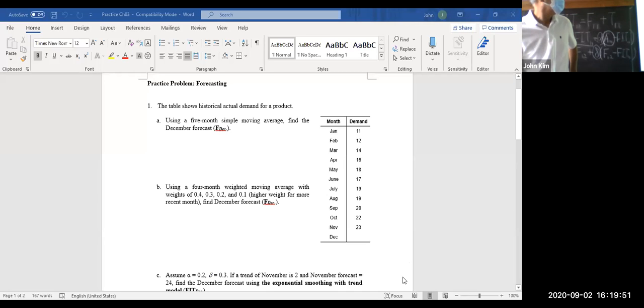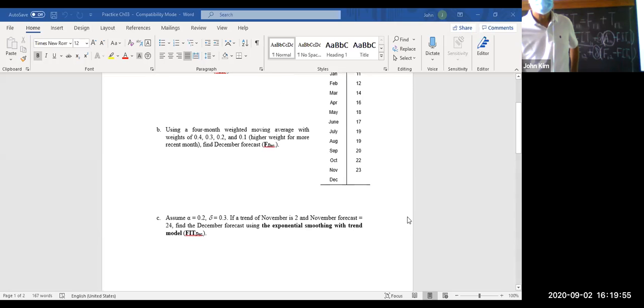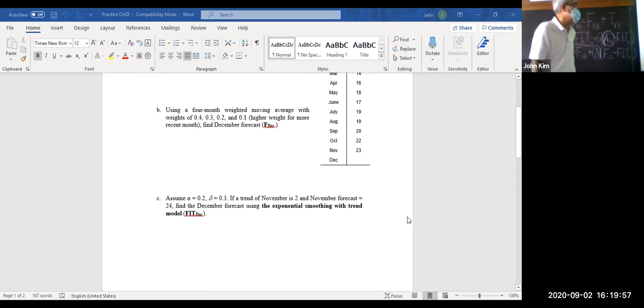Somebody close my screen. Okay. This problem, question C, is a similar one.